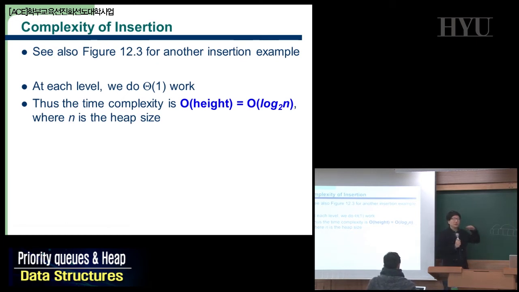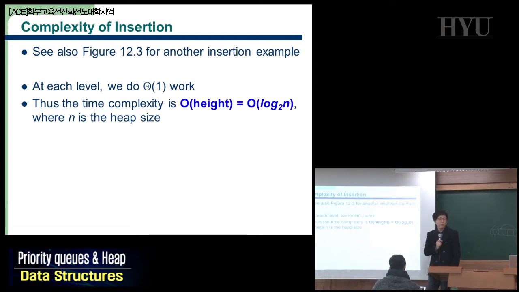For that example, we did 4 switches, from the bottom up. That is also the same as big O of log n, where n is the heap size. Of course, it would be a bit bigger than this, since this isn't a full binary tree, but the big bound is right.